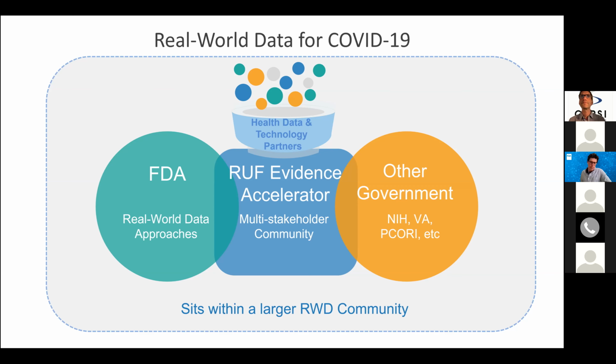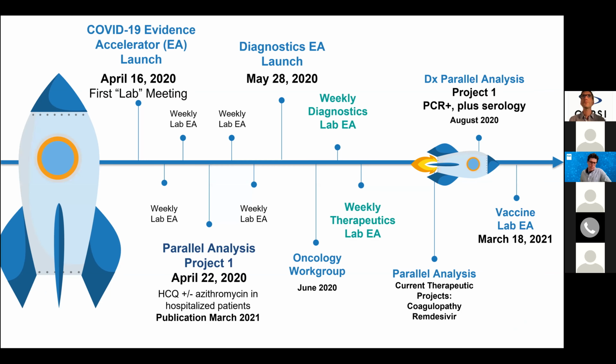If you could go on to the next slide with the rocket ship. It's a 1950s rocket ship, but at least it makes a nice image. This is a timeline of some of the activities conducted through the forum of the Evidence Accelerator. It became operational fairly early in the pandemic, launching a series of meetings and projects beginning in April of 2020, with a focus initially on therapeutics.